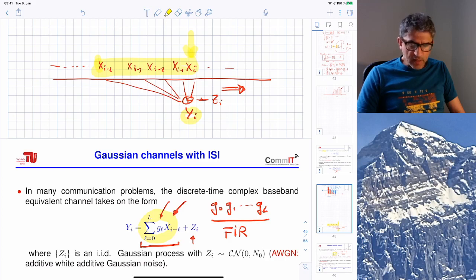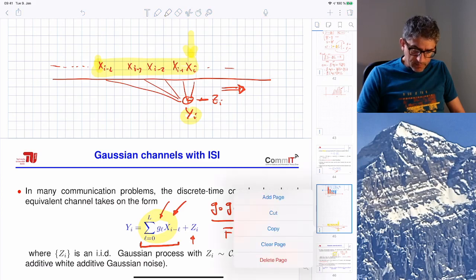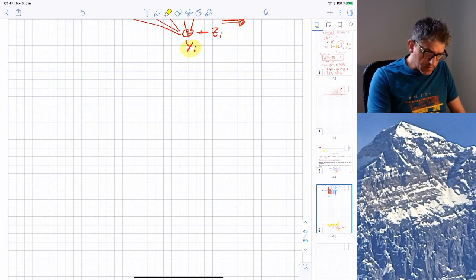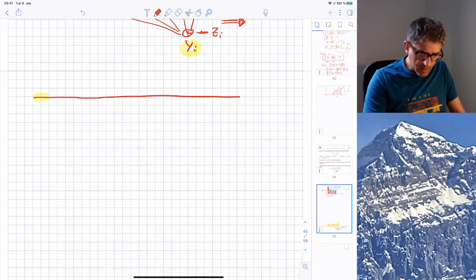We use the idea of making big blocks. Making big blocks means the following. Imagine that we have this sliding window. So I want to now make the following picture. Imagine that this is the time axis, and this is the sequence of transmitted symbols.